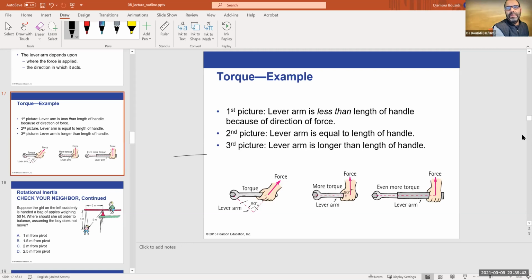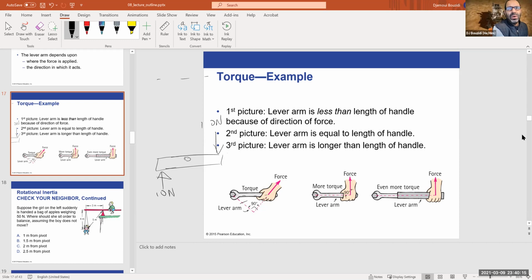If I take an object in here that is fixed in the middle, and I apply a force on one side and a force on the other side, let's say I apply 10 Newton in here and 10 Newton in here, this object is not going to change its location, because the sum of the forces is 0. When the sum of the forces is 0, its center of mass is not going to go anywhere. It's going to stay in its place.